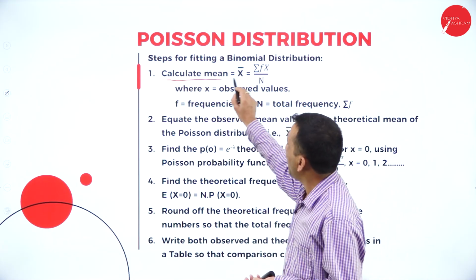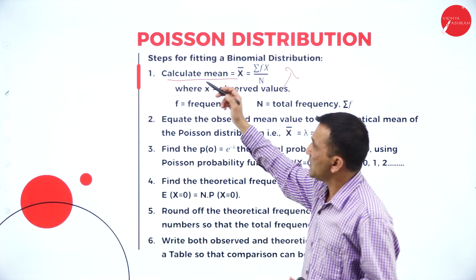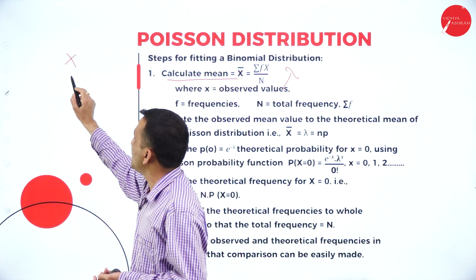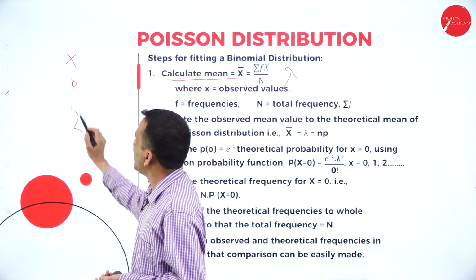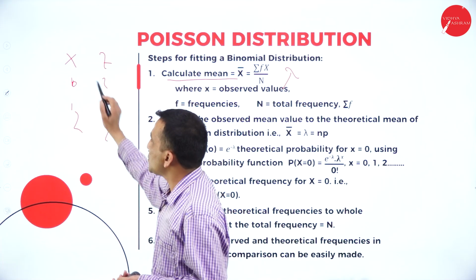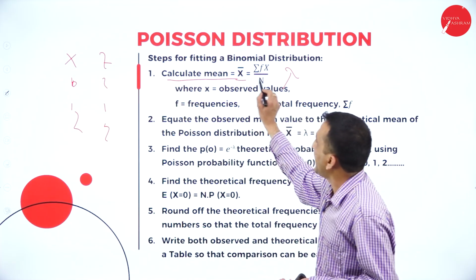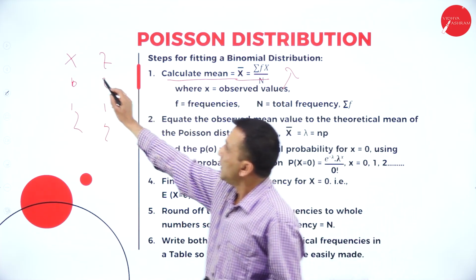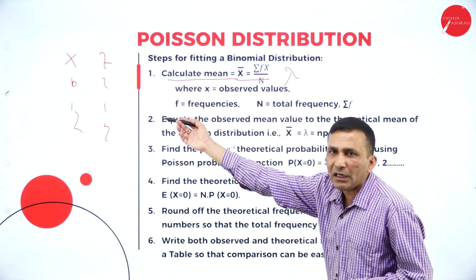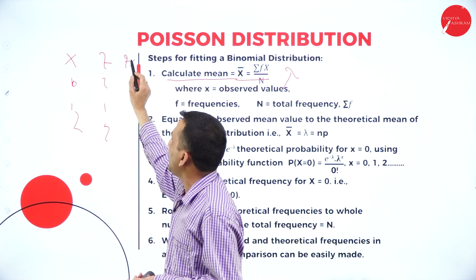The first step: unless we have a lambda value, we can't proceed. How do we get it? In the question, the observation value is given as 0, 1, 2, 3, along with the observation frequency. Using this information we calculate the x bar value. Looking like discrete grouped data, x and f, if you multiply you get fx.